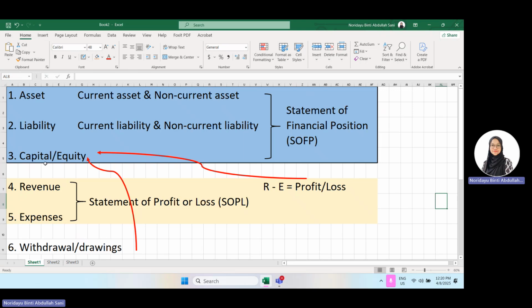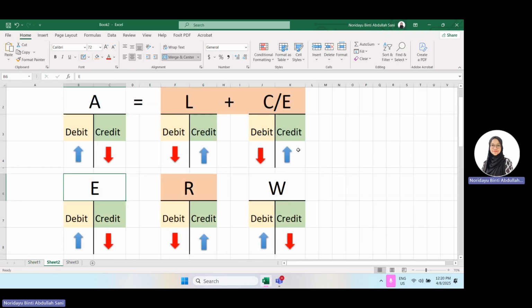It will reduce my capital, or in other words, loss will reduce capital. Since capital increases on credit, if I want to treat this business loss, loss will increase on debit. Profit always increases on credit, loss always increases on debit.